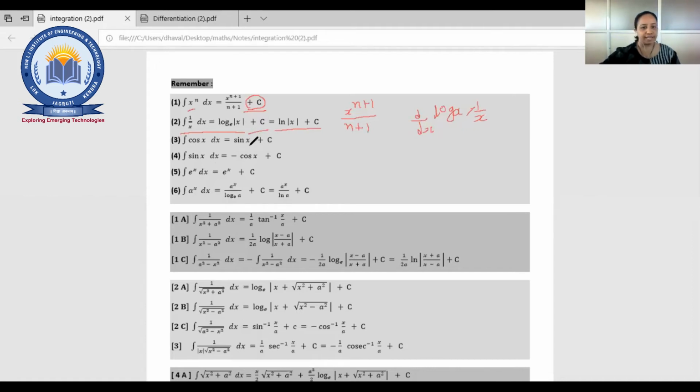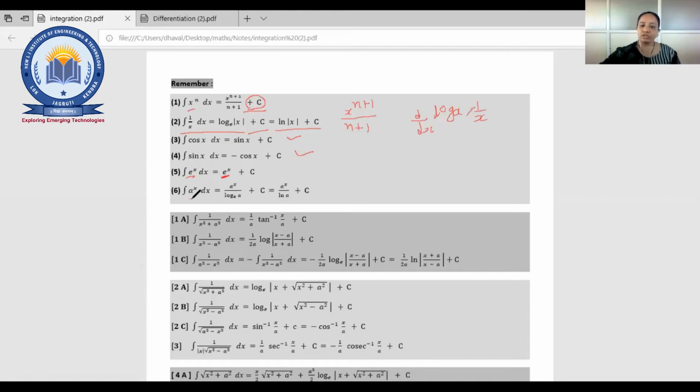Same way, sin x differentiation is cos x, so the integration of cos x equals sin x plus c. Integration of sin x is minus cos x. Differentiation of e raised to x is e raised to x, so the integration of e raised to x is e raised to x plus c.